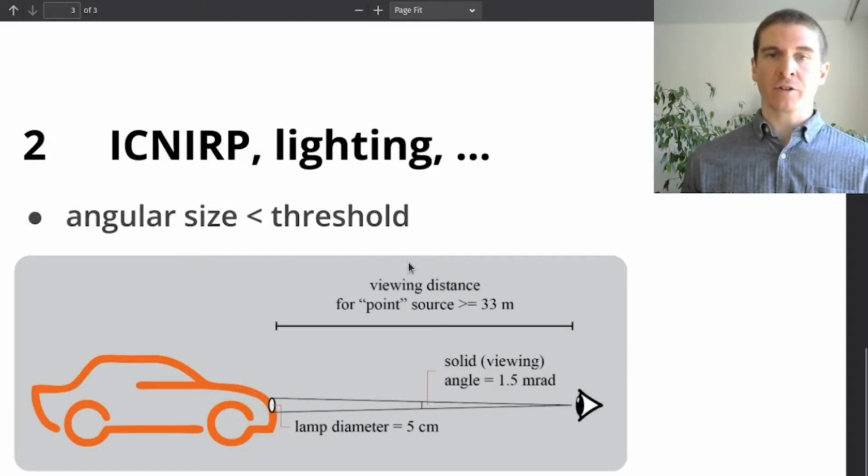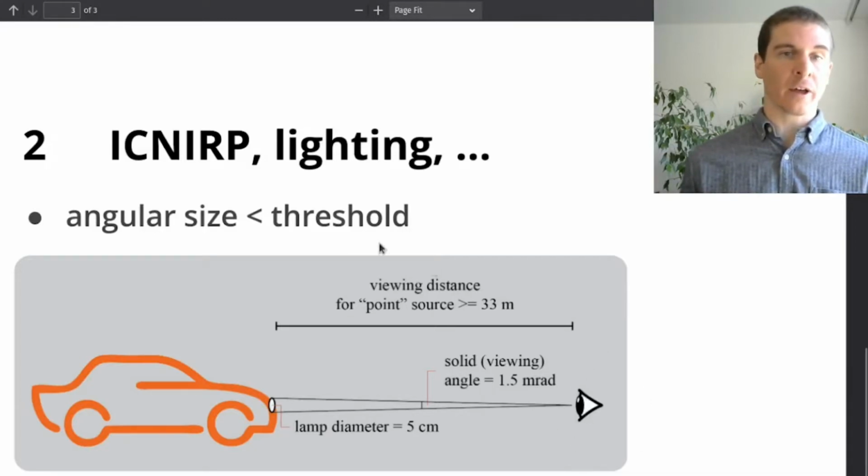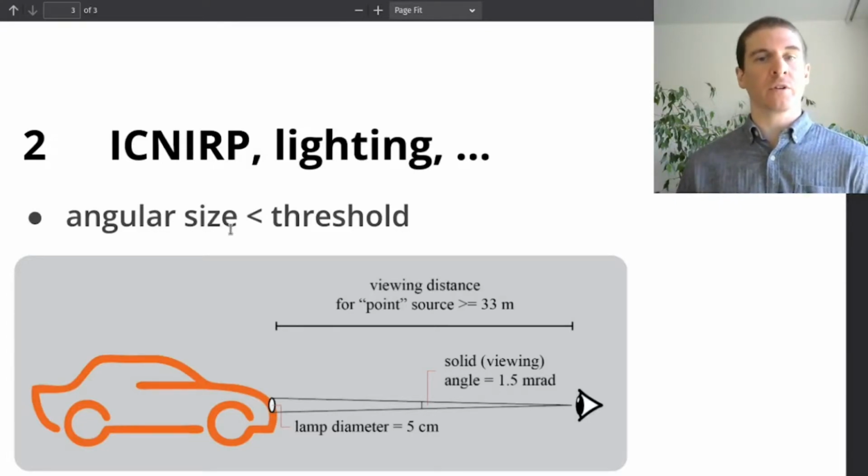And this threshold is based on the resolution of our imaging system. So if we know the threshold, we also have to know the distance from the source and the size of the source. And that gives the angular size based on which we can decide whether it's a point source or not.